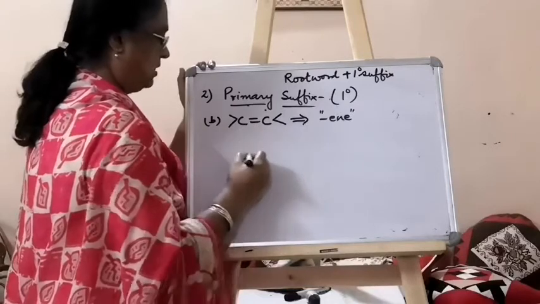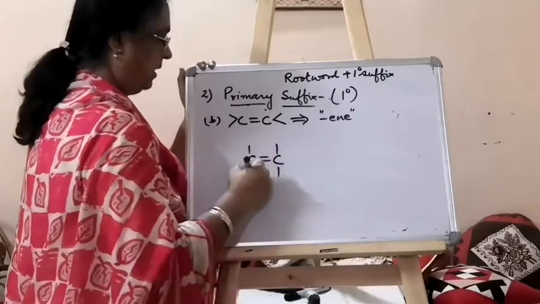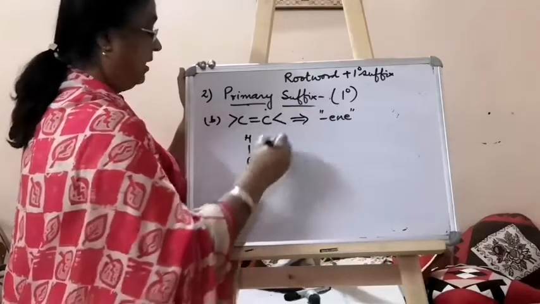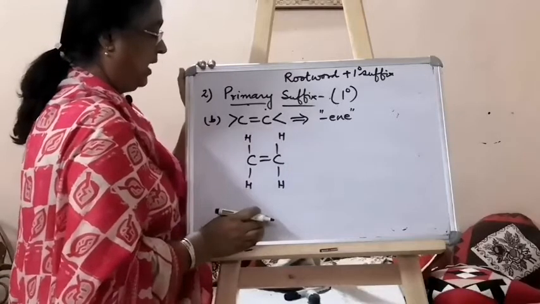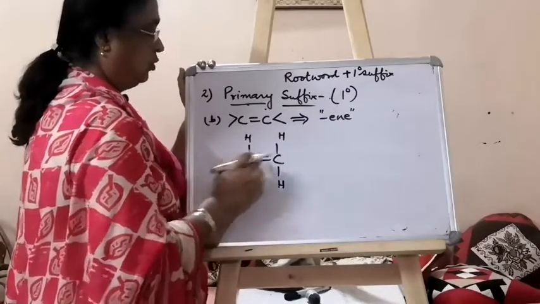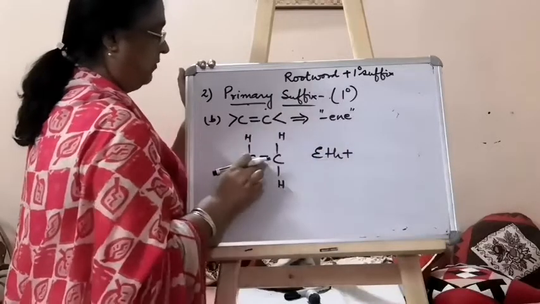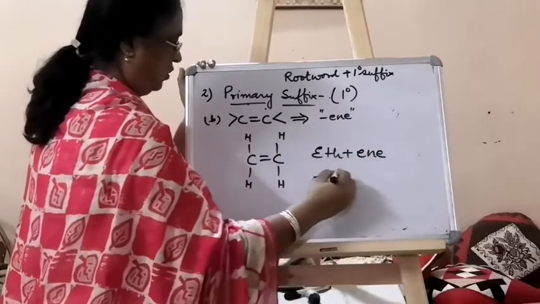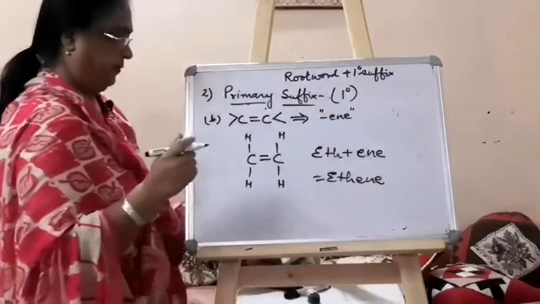So in this case, if I have this double bond, these are the remaining valencies of the carbon. So here hydrogen, here hydrogen, here hydrogen, here hydrogen. So we have got the root word eth. Then we have a double bond, so it is ene. If we join them together, it is ethene.